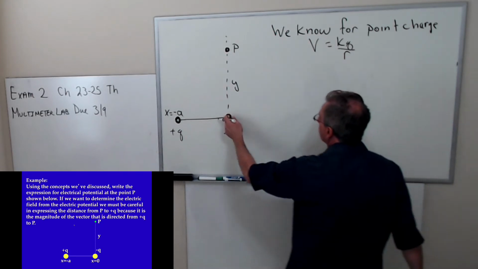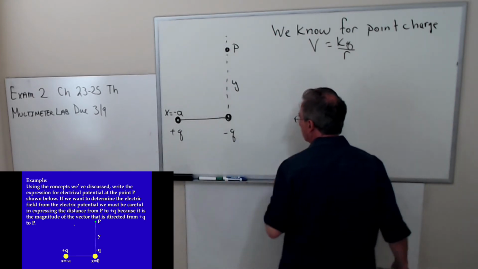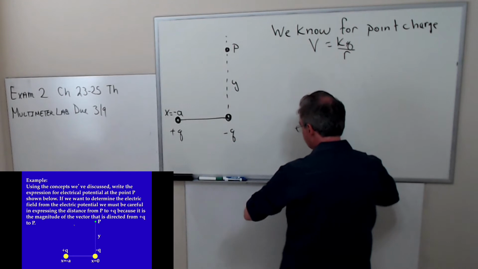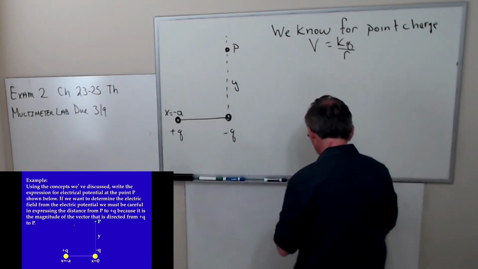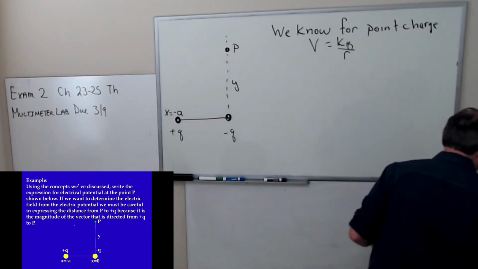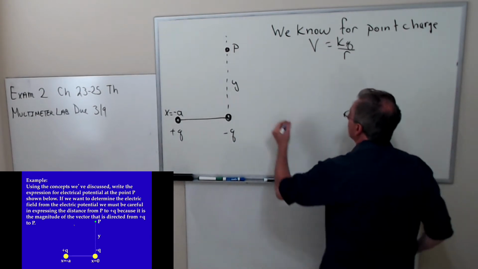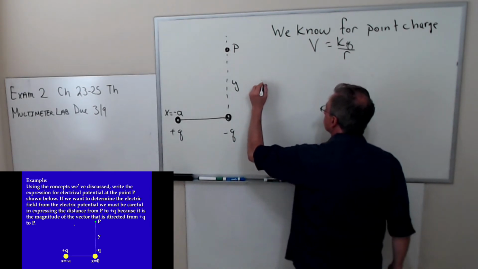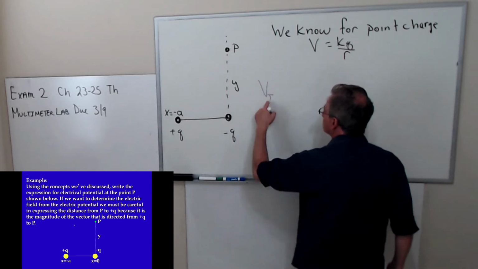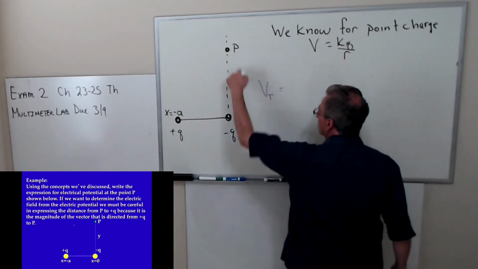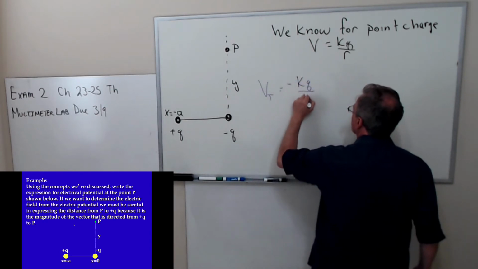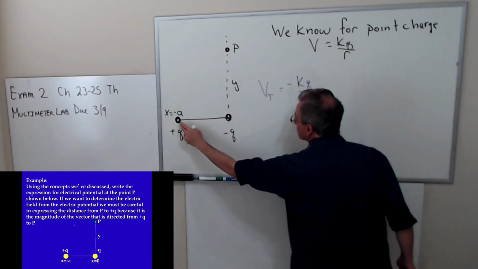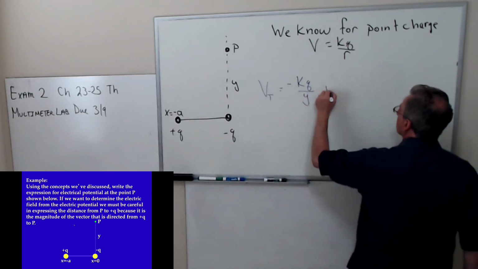And so all I need to do to calculate the potential here is calculate the potential due to this charge and calculate the potential due to that charge. That's all I got to do. So my total potential, I'll just use V sub T, is going to be the potential due to this one plus the potential due to this one.